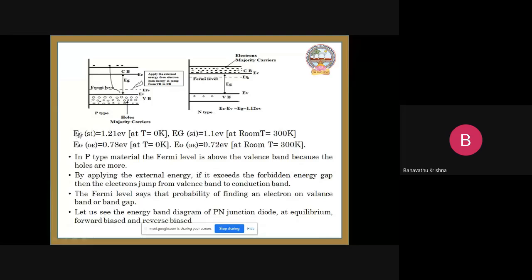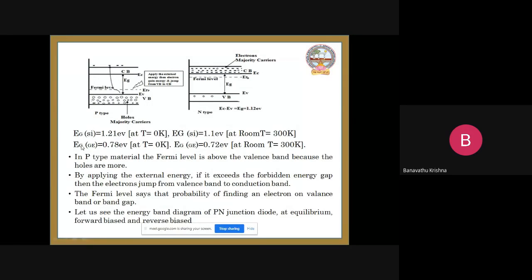Let us see the energy gap for silicon material. It is 1.21 electron volt at 0 degrees Kelvin. At room temperature, that is 300 K, the energy gap of silicon is 1.1 electron volt.